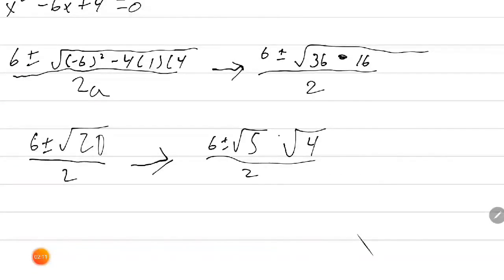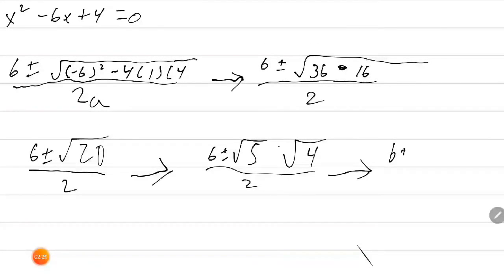Remember, the square root of 4 is 2, so 2 times the square root of 5, all divided by 2. When we have 6 and we're adding or subtracting something and everything's being divided, we can divide each part.